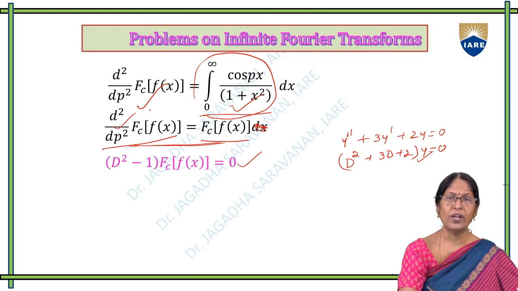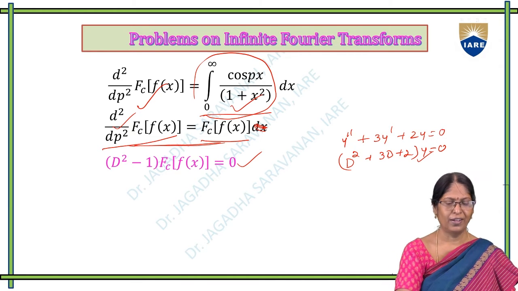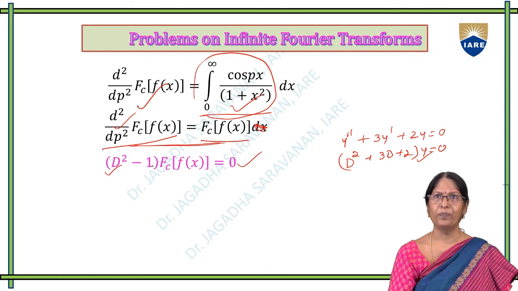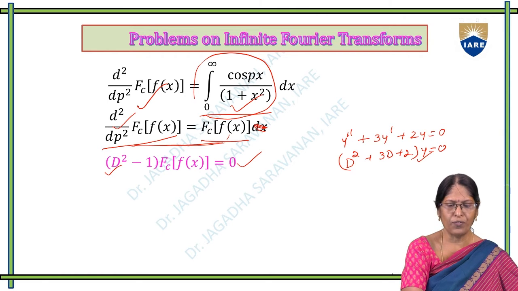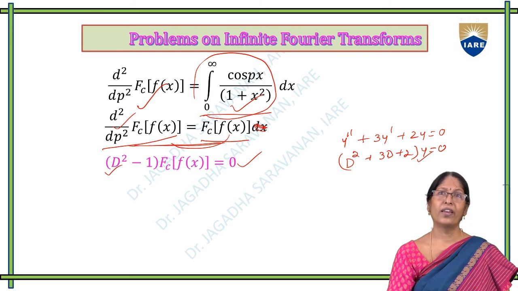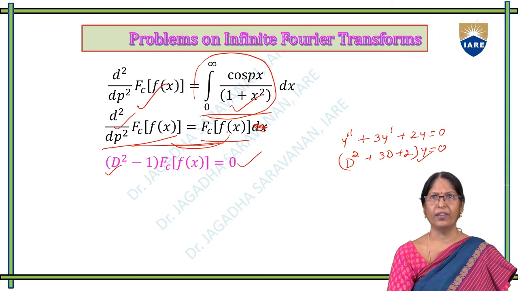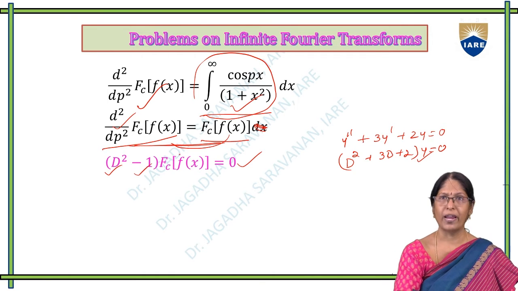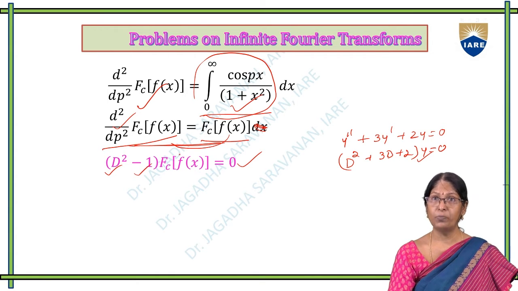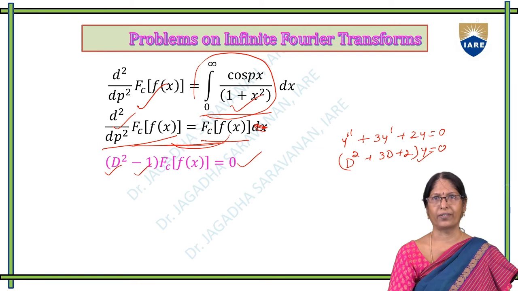So 2 times differentiation is there. That is the reason here D square. This fc of f of x we are bringing to the next side. That is from right to left we are bringing. So it is becoming minus in terms of the equation which is defined in terms of fc of f of x.